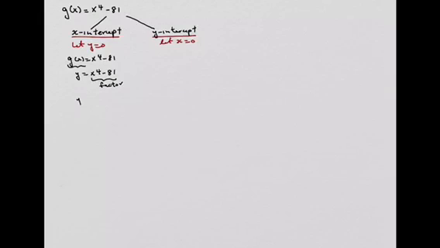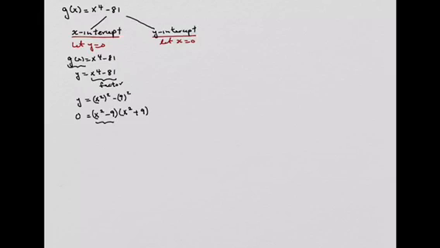So we have y equal to x squared quantity squared minus 9 squared. And now we said y is equal to 0, so 0 is equal to x squared minus 9 times x squared plus 9. That's the difference of squares formula.